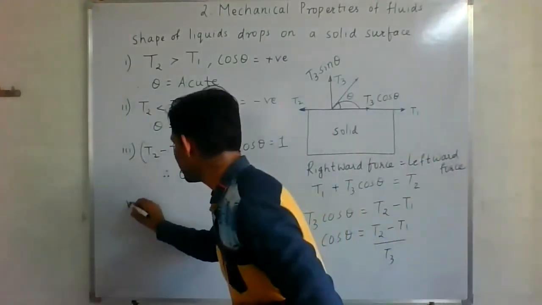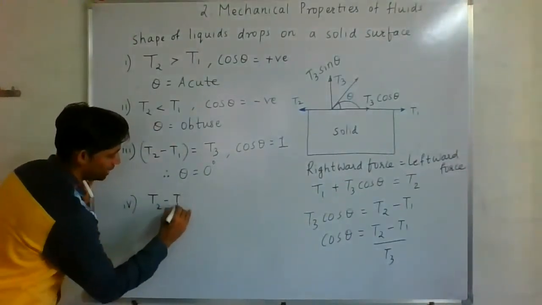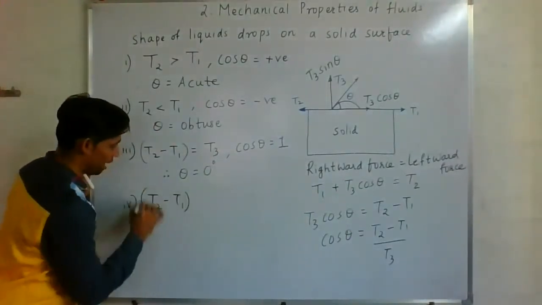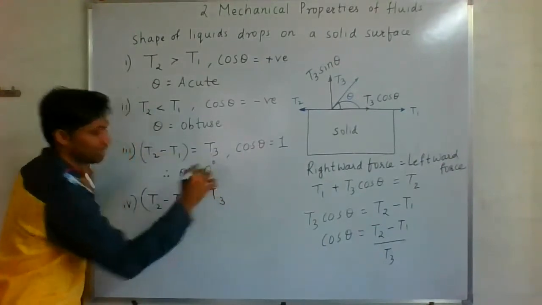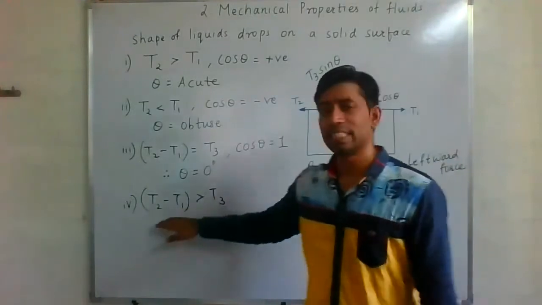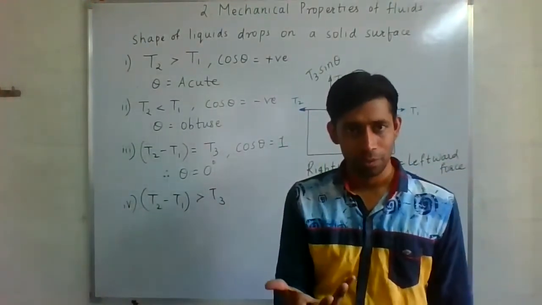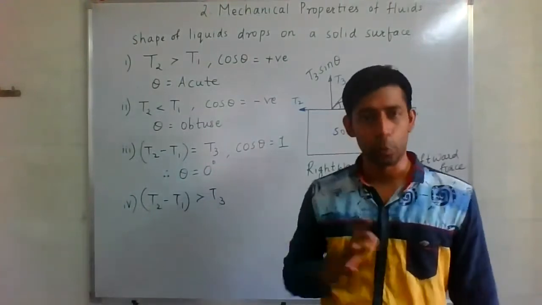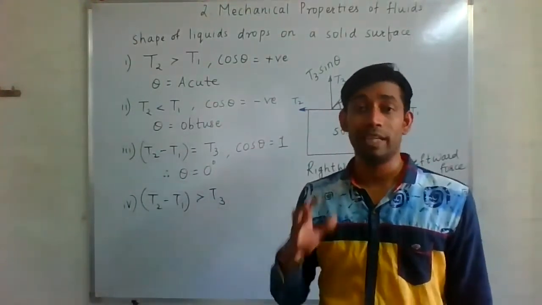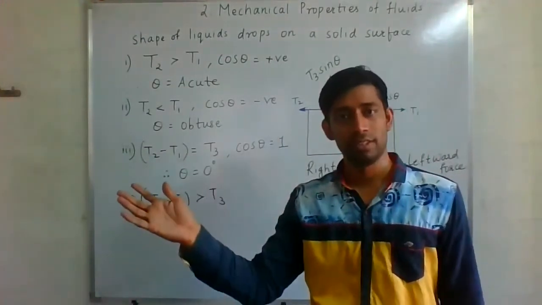And one last case that we are going to study is when T2 minus T1 is greater than T3. Let's say T2 minus T1 is coming as 4, and T3 is root 2. So 4 upon root 2, that is a huge value. It is not in the range of minus 1 to 1.